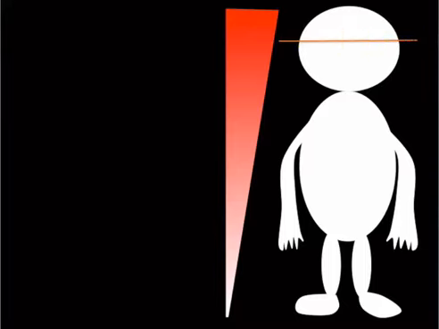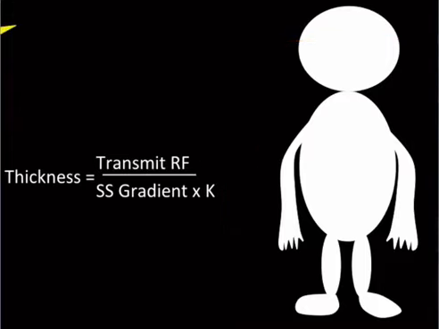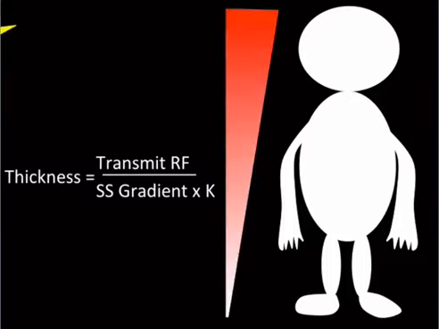So slice thickness is governed by the following equation. Thickness is the transmit RF over the slice selection gradient times some constant. The bigger the RF, the thicker the slice.